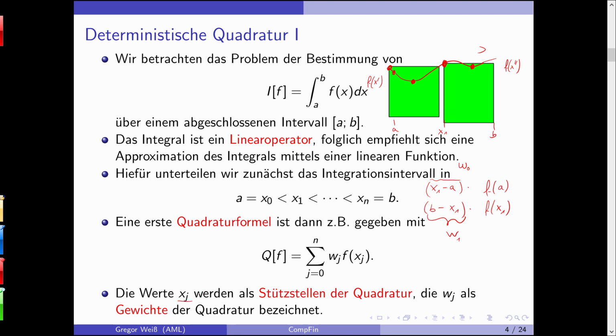Those points xj are called the nodes, die Stützstellen of this quadrature formula, and w, those are the weights, the quadrature weights.